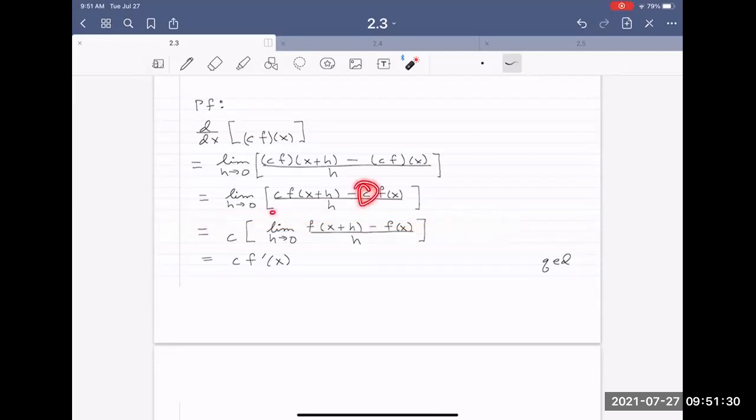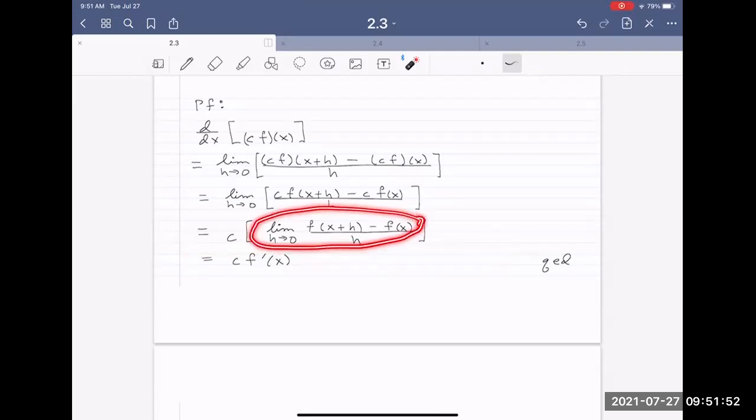I can factor out what's in common, c, and bring it out in front of the limit by the limit properties from section 1.7. So this is equal to c times the limit as h approaches 0 of f of x plus h minus f of x all divided by h.